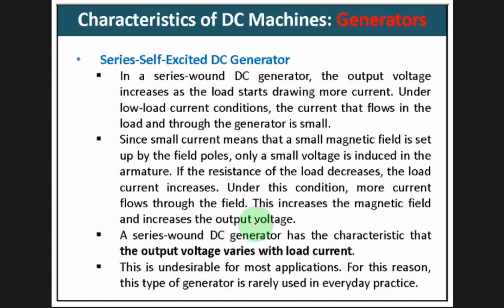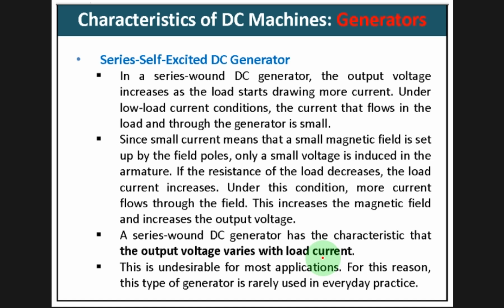So that means when the current is going up, the generated voltage will also go up, because field current is going up. So the condition is completely different from the separately excited DC generators. A series wound DC generator has the characteristic that the output voltage varies with load current.